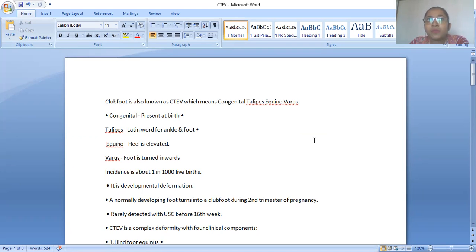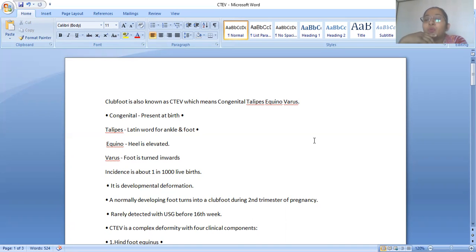Second trimester means the 4th to 6th month. So whenever the baby is growing in the womb of the mother in the second trimester, that is the time period when there is a chance of developing CTEV, and it's rarely detected with USG.